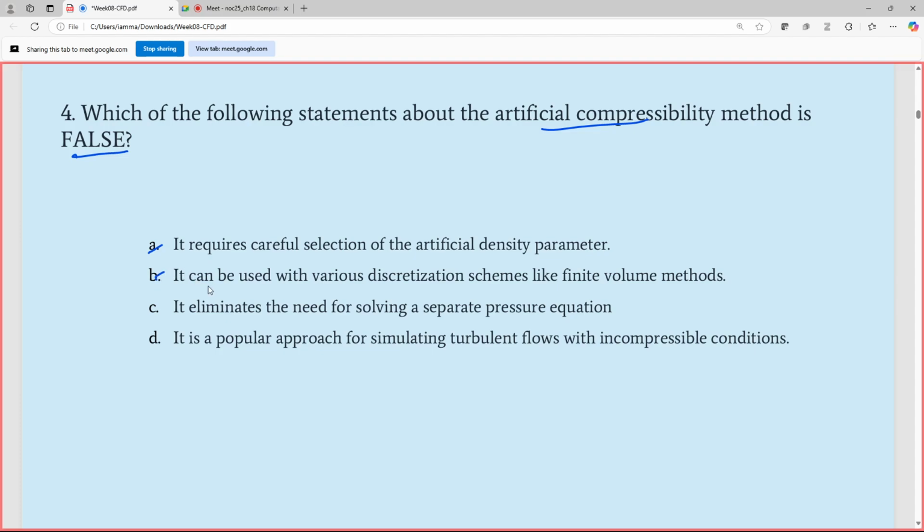Option B, it can be used with various discretization schemes like finite volume methods. Option C, it eliminates the need of solving a separate pressure equation. Option D, it is a popular approach for simulating turbulent flows with incompressible conditions.